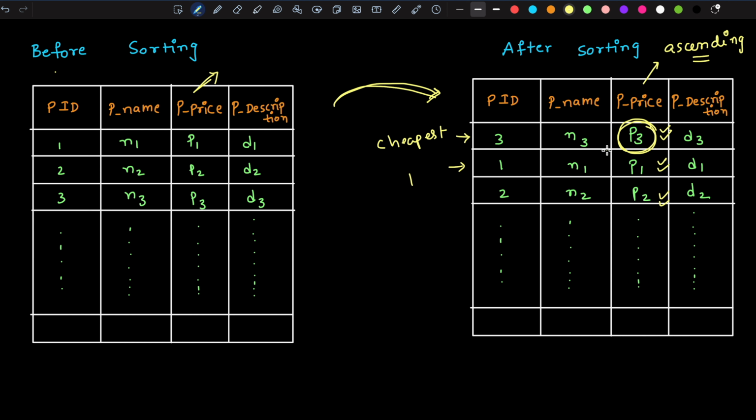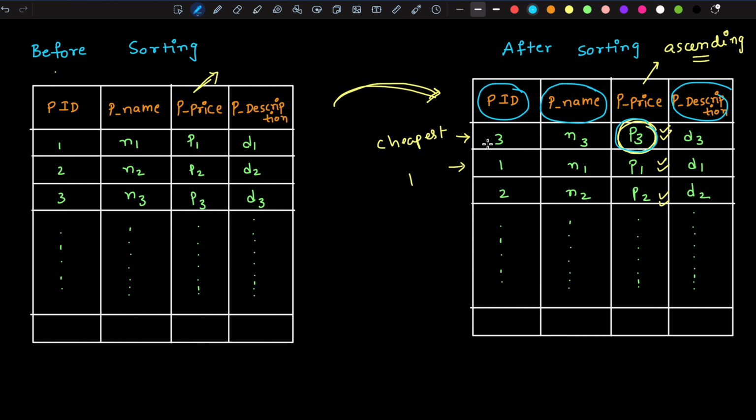When we sort using the price column as the key, what is my satellite data here? My satellite data is PID, product ID, name of the product and the description, right? These values are also getting rearranged here. So it doesn't happen that only the price values get rearranged while the other values like IDs, names and description remain in the original position.